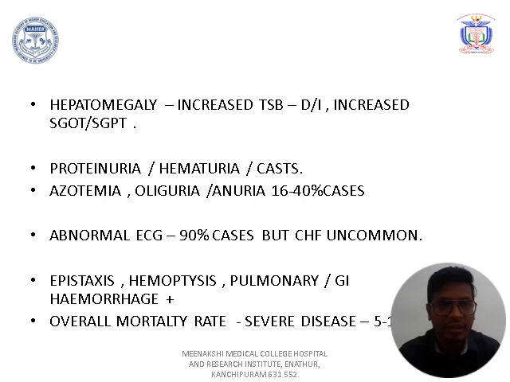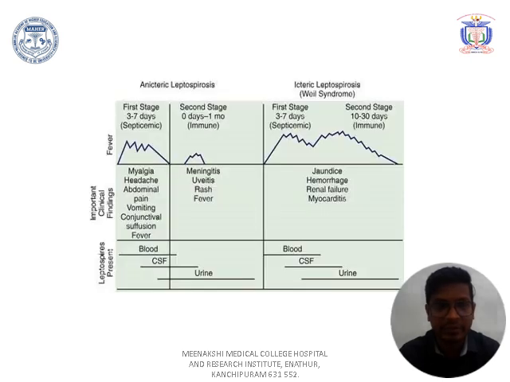There is hepatomegaly, increased TSB, SGOT and SGPT; proteinuria, hematuria, casts, azotemia and oliguria related to the kidney; abnormal ECG related to the CVS; epistaxis, pulmonary hemorrhage and GI hemorrhage. Mortality is a little higher, 5 to 10%.